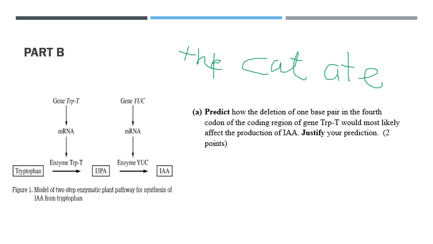If it is a frameshift mutation, then the amino acids will be different in the protein, and therefore you're not going to be able to have this enzyme be functional. So probably a non-functional enzyme would result, or you might just have a non-coding product. It could be a stop codon early on, and it might not ever be translated. So that's how you would justify the prediction.